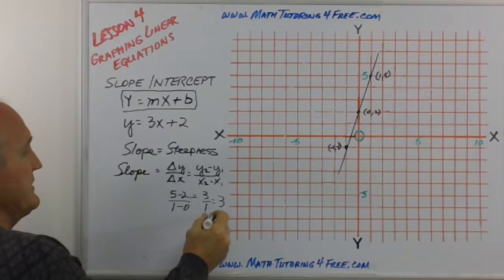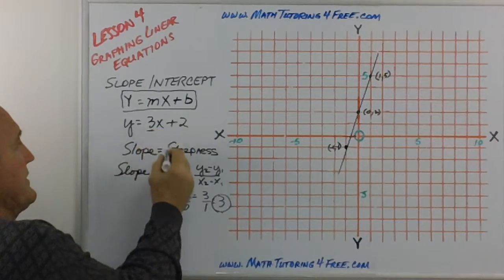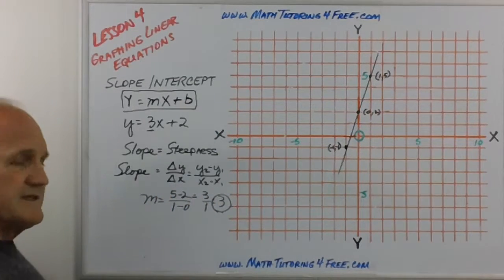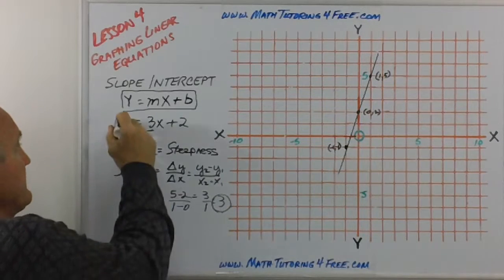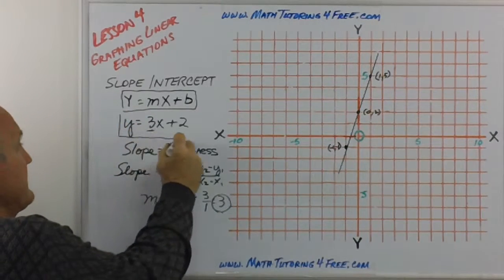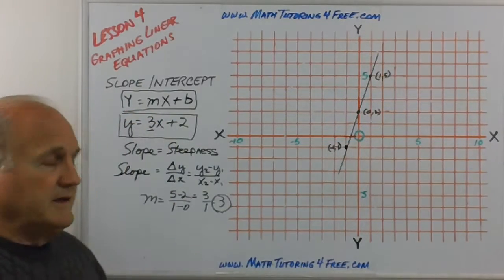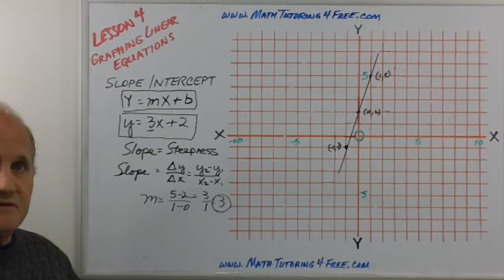And I hope you notice that that 3 is exactly what we had up here. So m, in this case, is 3. We could have told that just by looking at the equation: the slope is 3 and the intercept is 2.